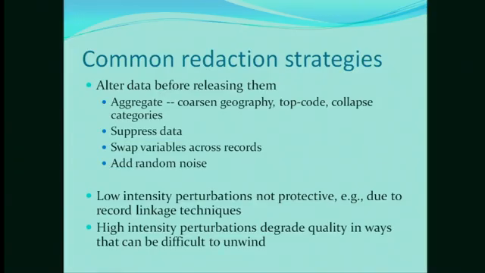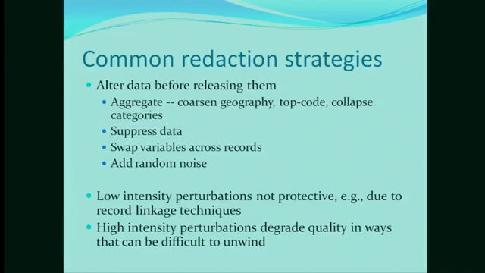For example, geographies are coarsened rather than provided at very fine levels. The Census Bureau will release geography at places with no less than 100,000 people. Right? Or incomes will be top-coded. In other words, we don't release a value if it's above a certain threshold, say $200,000.